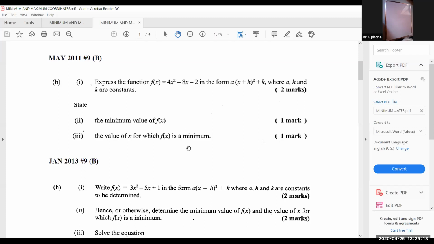We're getting 2 marks for that. And also, we are asked to state the minimum value of f of x, and the value of x for which f of x is a minimum.